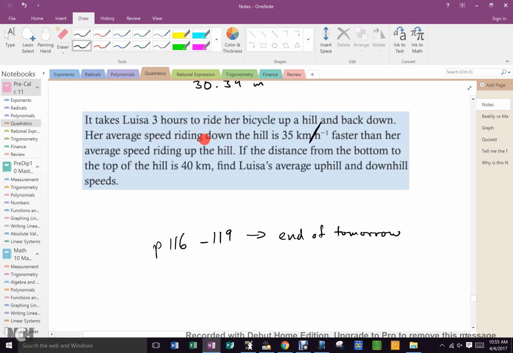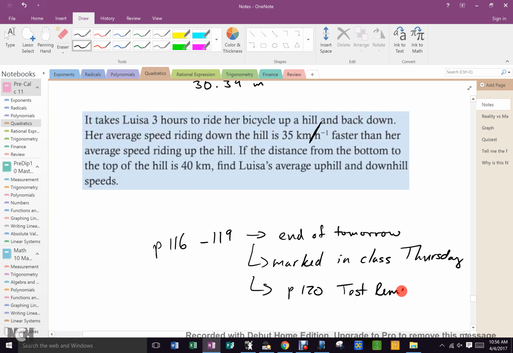This will be marked in class Thursday. You're going to work on it tomorrow. Now listen, please. Thursday is a short day, yeah? So we're going to mark that and go over it, make sure everybody's comfortable with it. The rest of Thursday's class is going to be page 120, where we do our test reminders.